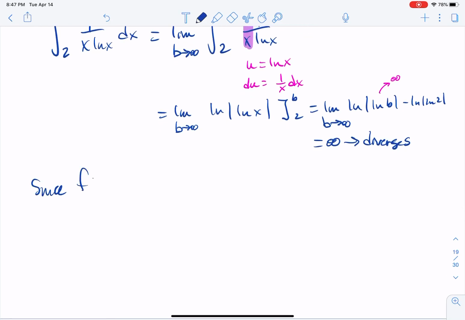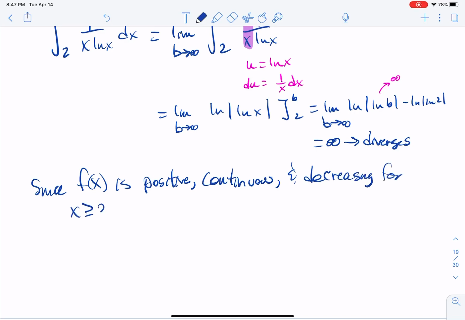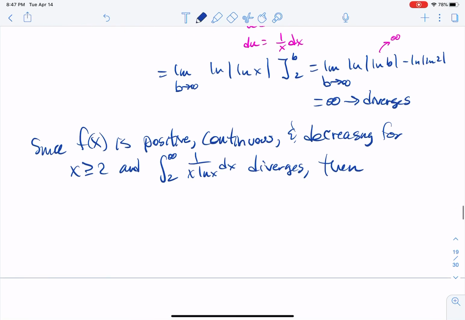Since f of x is positive, continuous, and decreasing for x is greater than or equal to 2, and the definite integral from 2 to infinity of 1 over x natural log of x dx diverges, then the sum from n equals 1 to infinity of 1 over n natural log of n also diverges by our friend, the integral test.